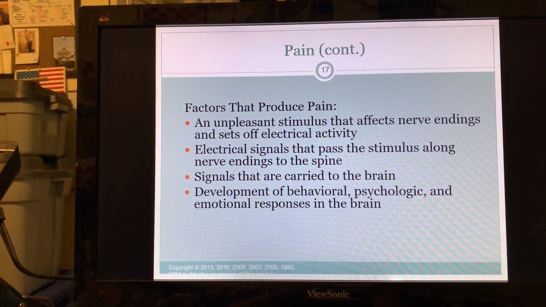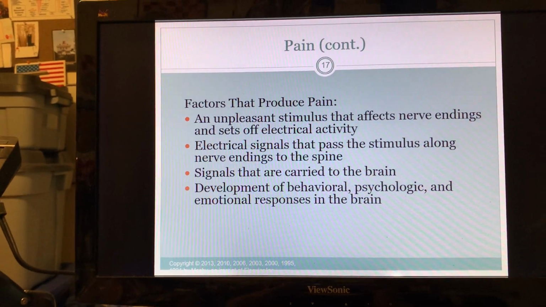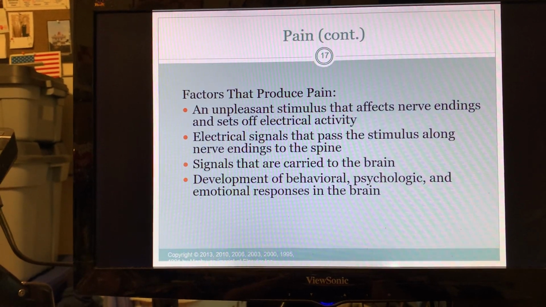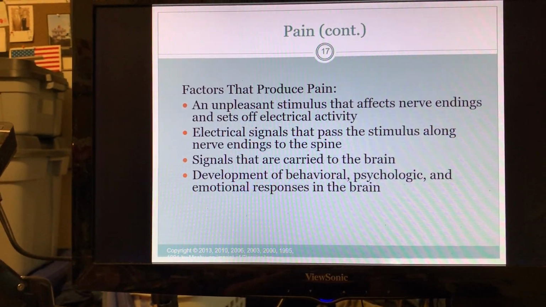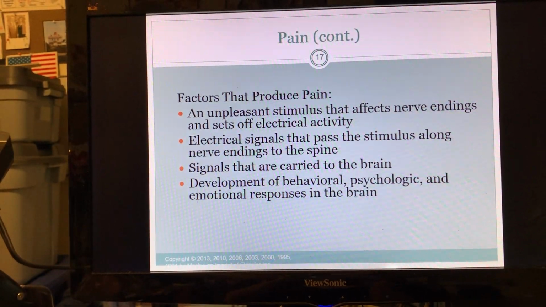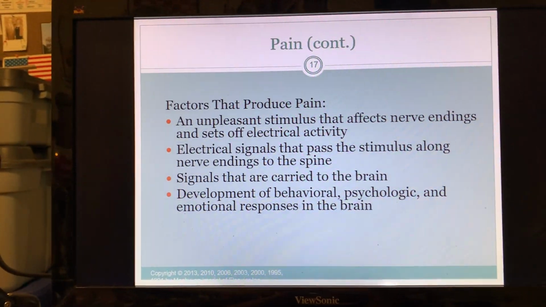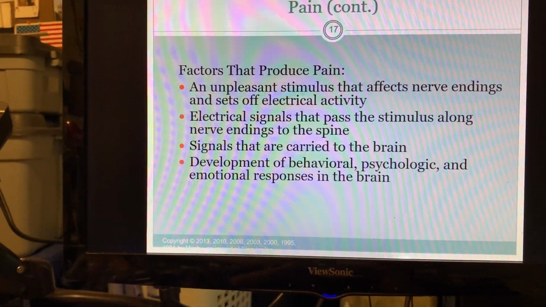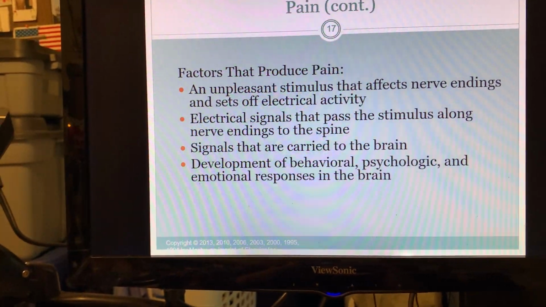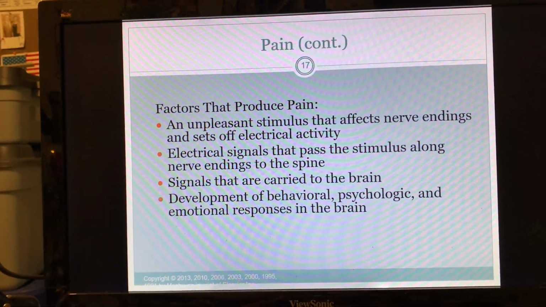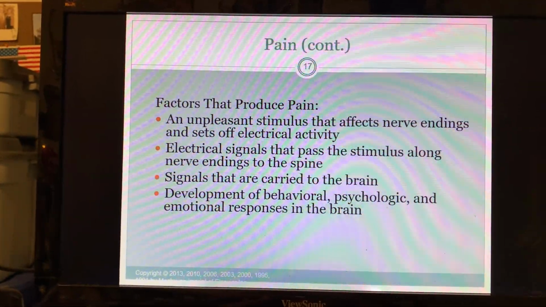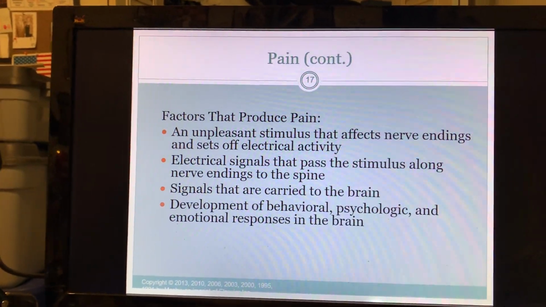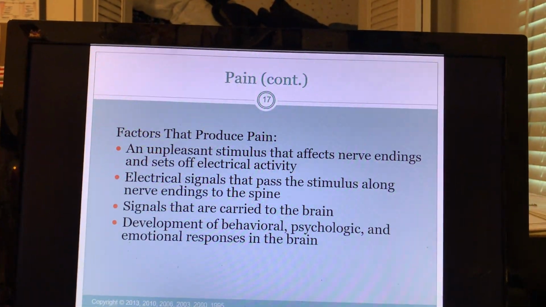Then, based on years and years of conditioning and cultural background and stimulation in a variety of different ways, the person is going to have a behavioral, psychologic, and emotional response that could be anywhere from them grabbing their foot and clenching their teeth and stoically refusing to display pain, to them screaming and hopping around and declaring to the heavens in all kinds of colorful ways how much pain they are experiencing.